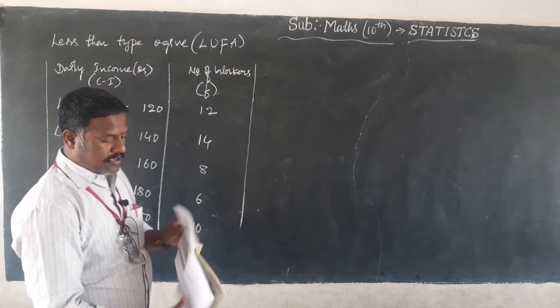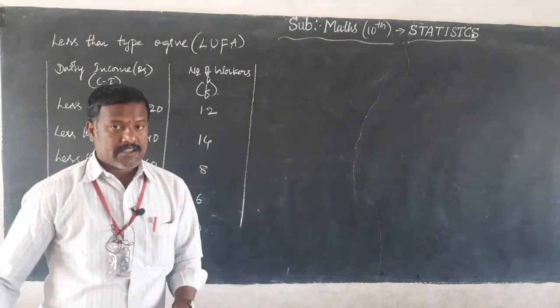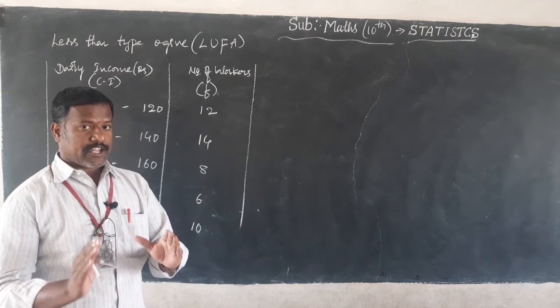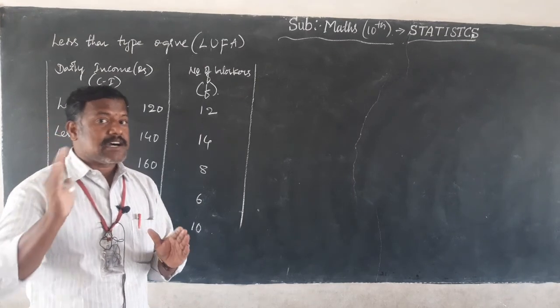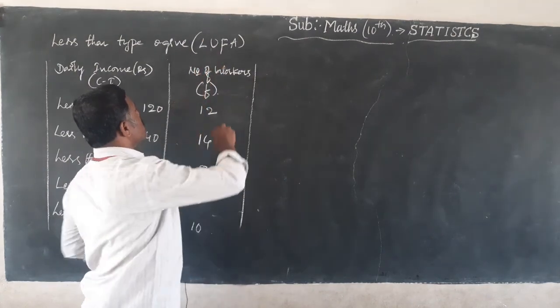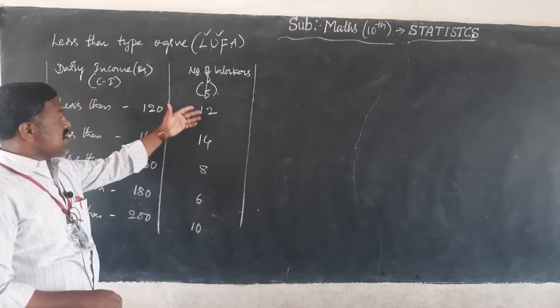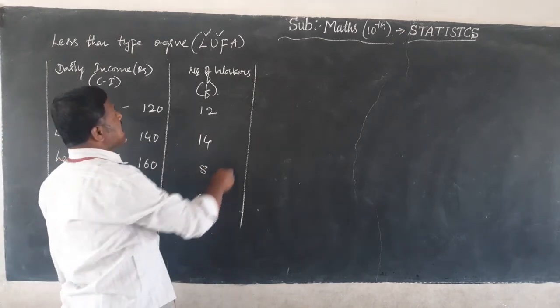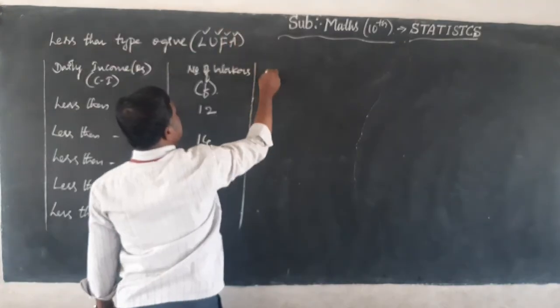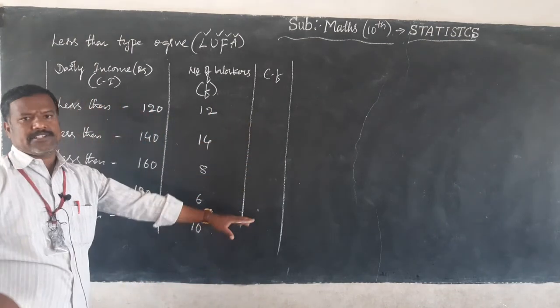Children, now listen to me carefully. For drawing the less than type Ogive, we should take only the less than upper limits. We have taken the frequency also. The last one is the cumulative frequency. Children, this is a very important column.